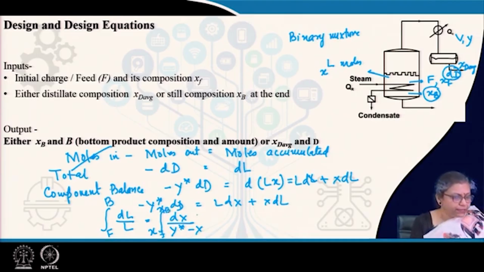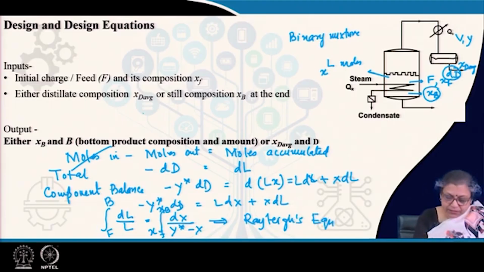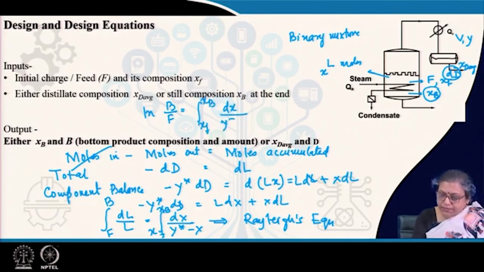So, this gives you the famous Rayleigh's equation. If we integrate it and write it, we get ln B by F equals the integral from xF to xB of dx by y star minus x. So, if we want to find out B, then we need to integrate it.